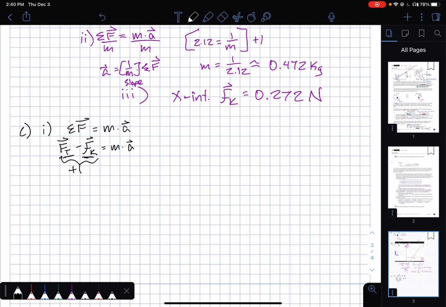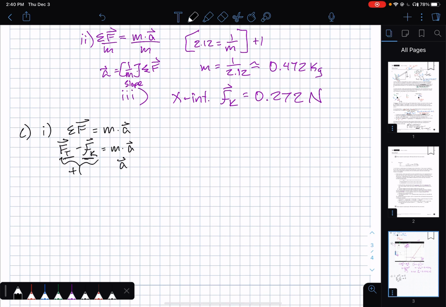You didn't even have to really calculate the acceleration to get the correct answer, but your acceleration is 0.376 meters per second squared, using this value for friction and then that value for tension that they gave us in the problem of 0.45 newtons.